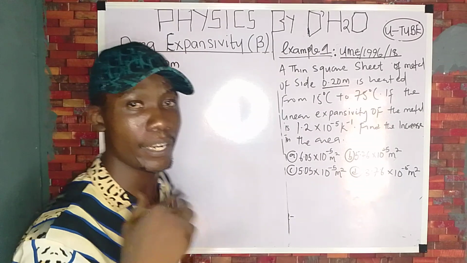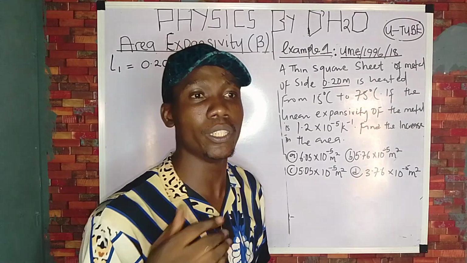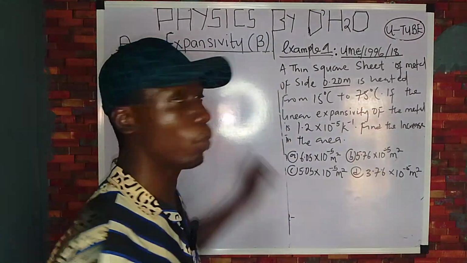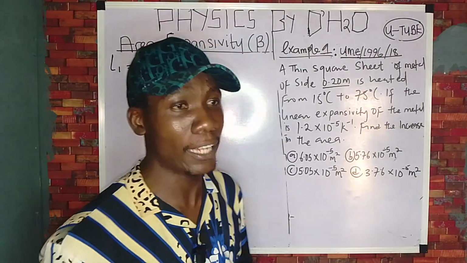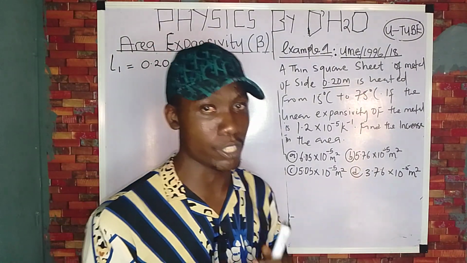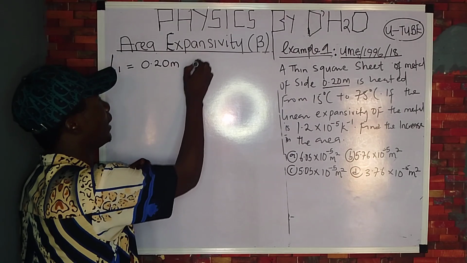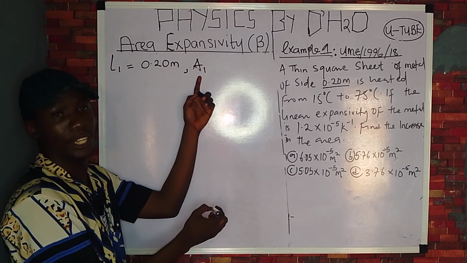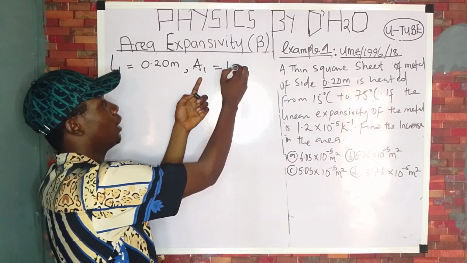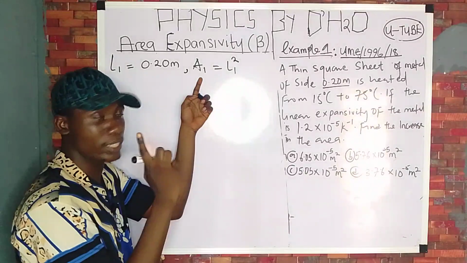Don't forget, in area expansivity, what we need is not the length. What we need is the area. And don't forget that the area of a square is L squared, so that our A1, which is the original area, will be equal to L1 squared. So you must get that.